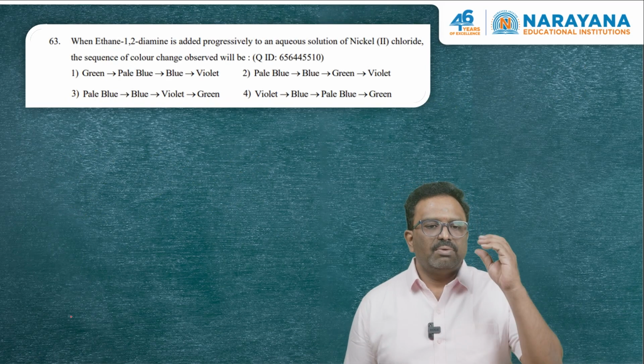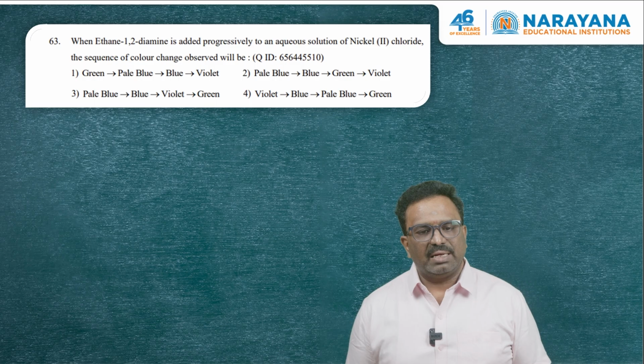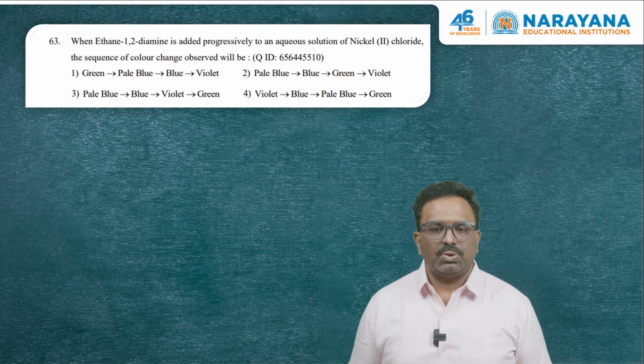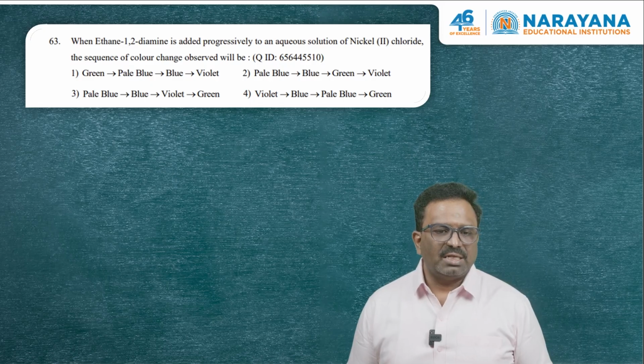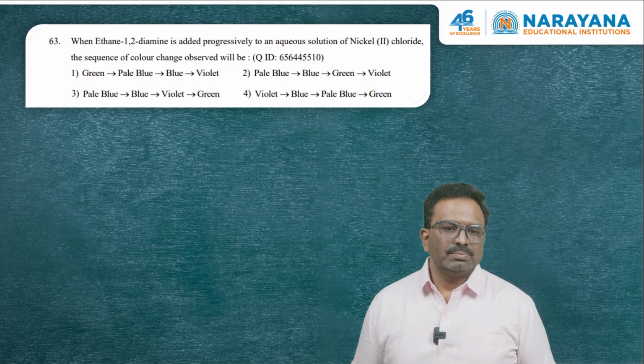Next, when ethane 1,2-diamine is added progressively to an aqueous solution of nickel 2 chloride, the sequence of color change observed will be.